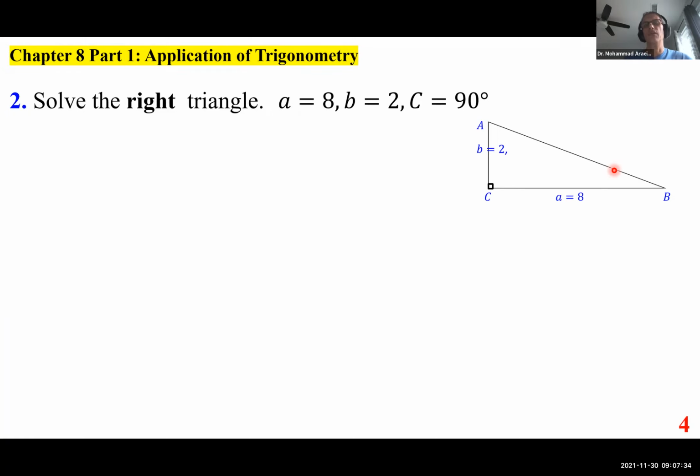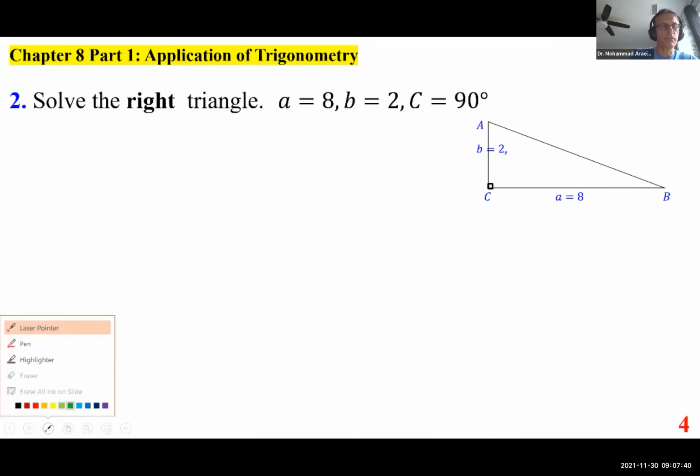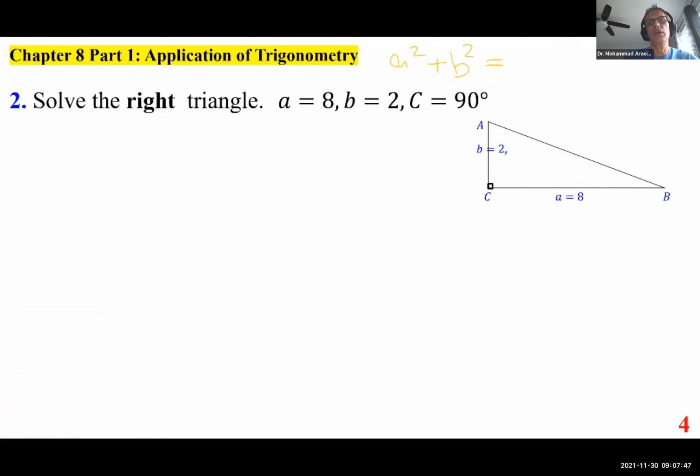Even if the numbers are not necessarily to scale, it's fine as long as you have an idea how they look. And obviously, this is a right triangle, and the Pythagorean theorem a squared plus b squared equals c squared applies. a and b are the sides, and c is the longest side opposite the 90-degree angle.